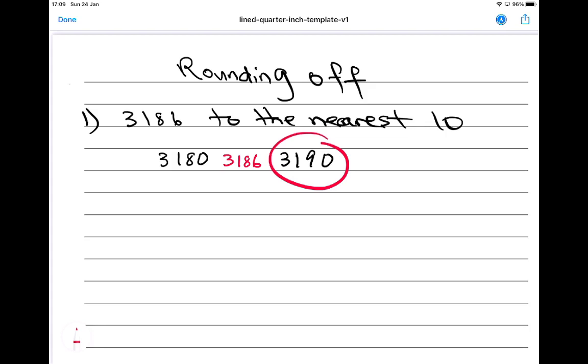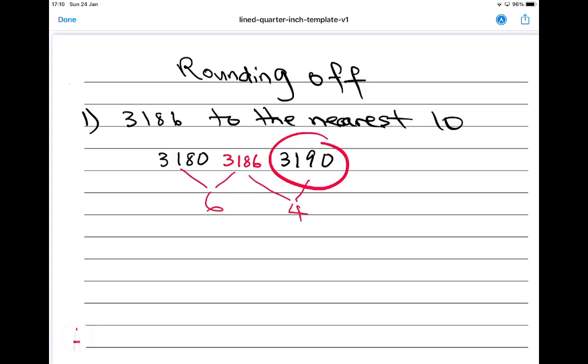than it is to 3,180, because between 3,180 and 3,186 there is a difference of 6 there. But between 3,186 and 3,190 there is only a gap of 4 units there.